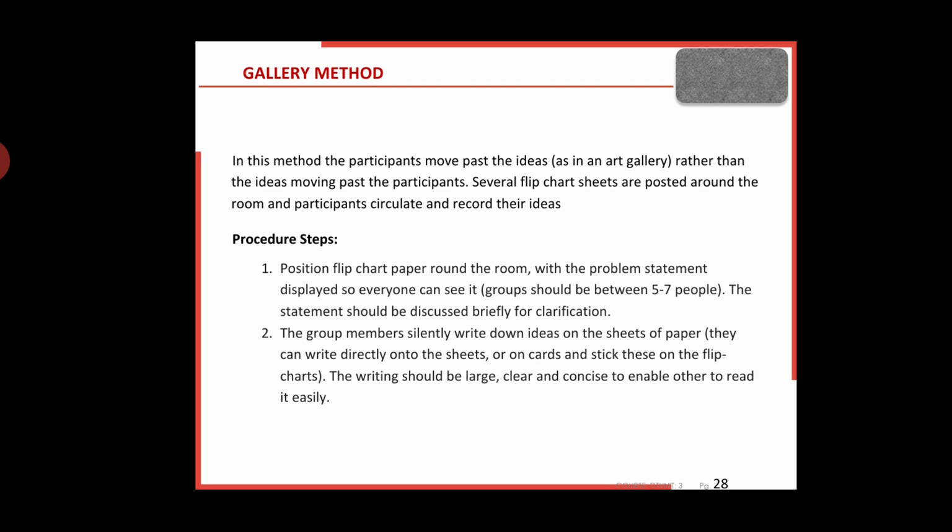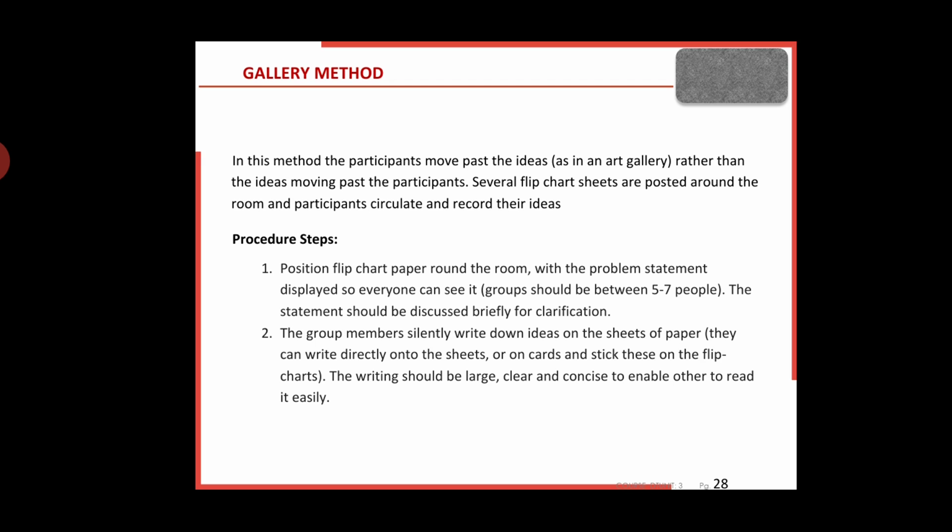Likewise, in this method the users move past the ideas, so they are able to generate new innovative thoughts, as in an art gallery, like a folder of a gallery. Whatever they were thinking in past years, those ideas are all kept in one place, which is like an art gallery.